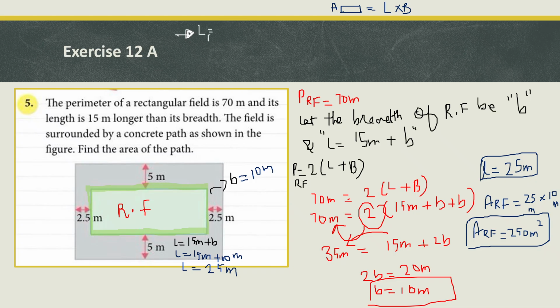Length of rectangular field is equal to 25 meter, and breadth of rectangular field is equal to 10 meter, and area of rectangular field is equal to 250 meters square, right?